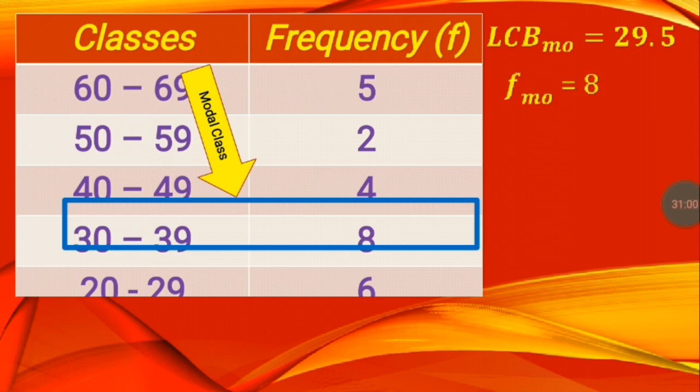And our frequency of the modal class is 8. And our C, or the class interval, is 10. Our F1, or the preceding frequency of the modal class, is 6. And F2 is the frequency after the modal class, which is 4.